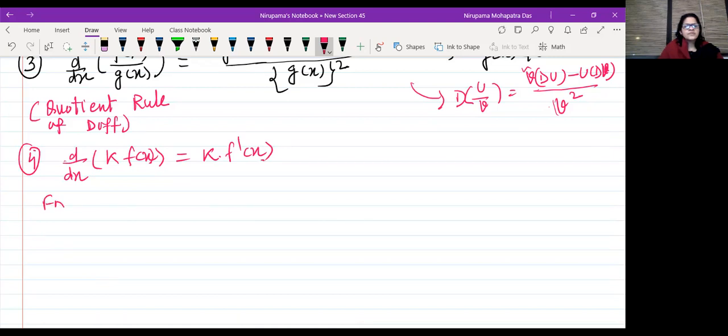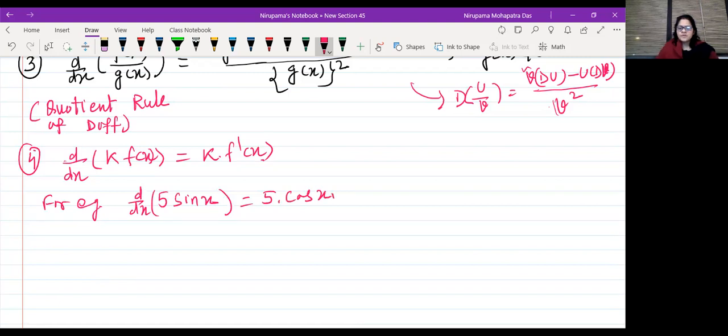For example, if I write 5 sin x, then d by dx of 5 sin x equals 5 times the derivative of sin x with respect to x, which is cos x.